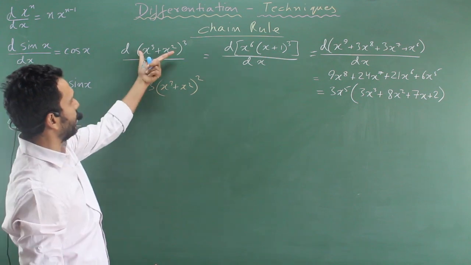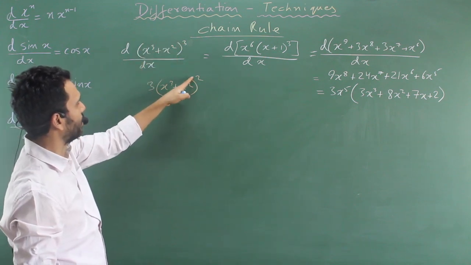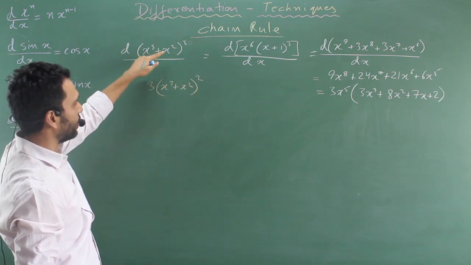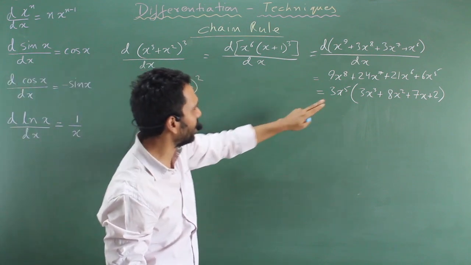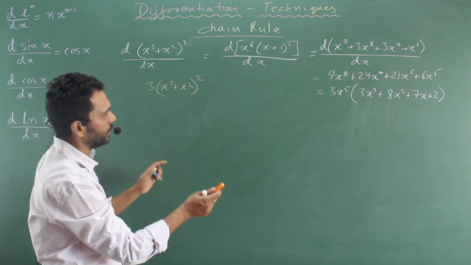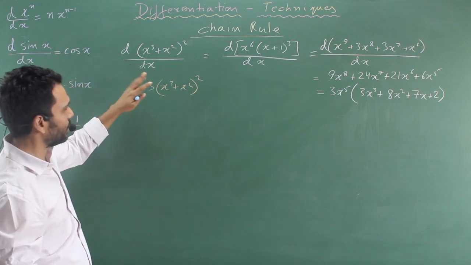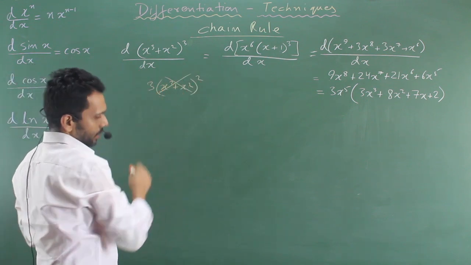Meaning to say, if it was t cube, differentiation is 3t square. But t cube differentiation with respect to t is that. So is this the answer? Is this thing same as that thing? It is not. You can expand and you can check out. It isn't the same. This is the wrong answer.